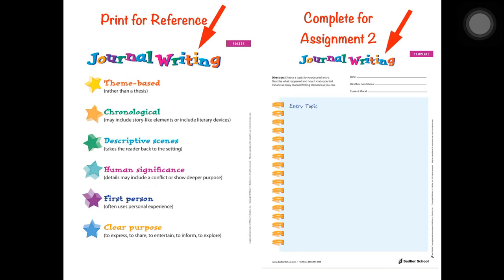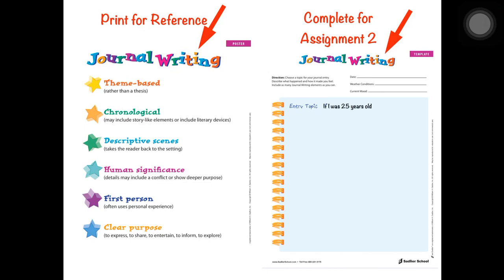So that is assignment 2. For assignment 1, just post me a comment and tell me what your topic is. Assignment 2 is to pull up this typable homework assignment and get your journal entry written on that topic you told me in assignment 1.